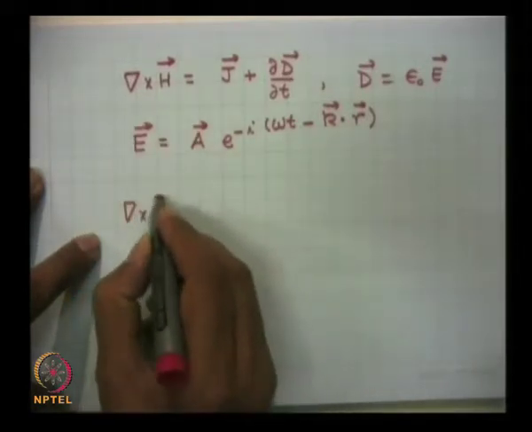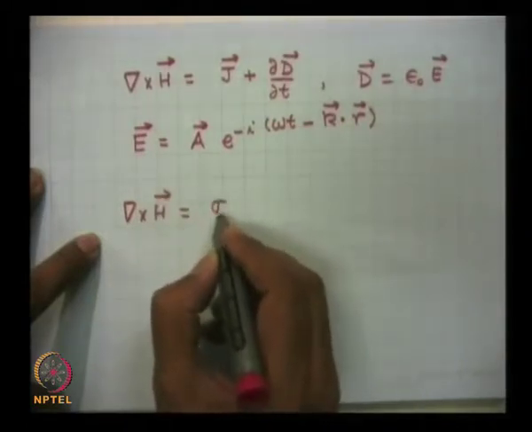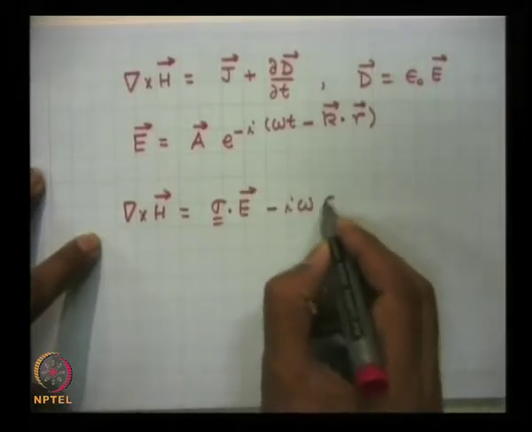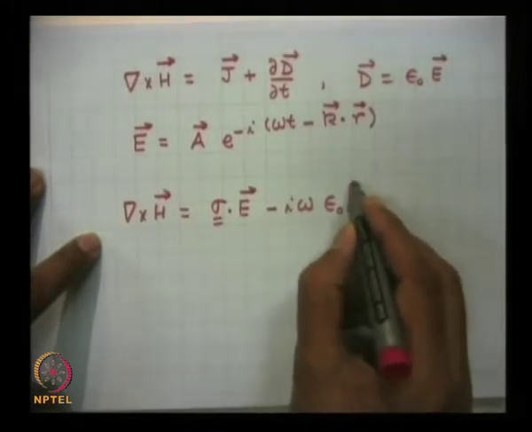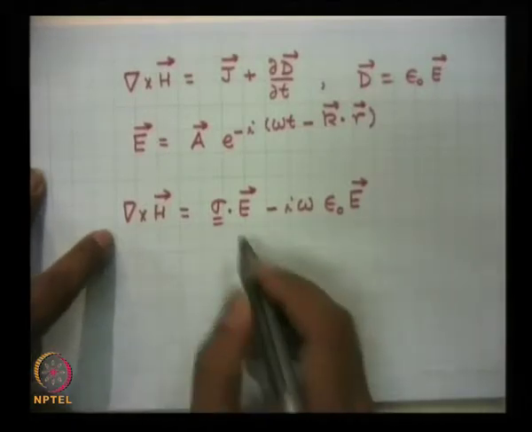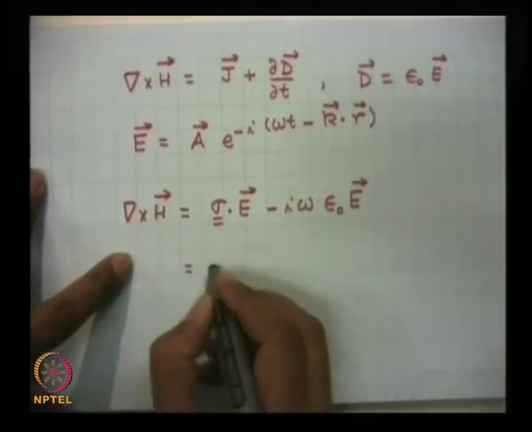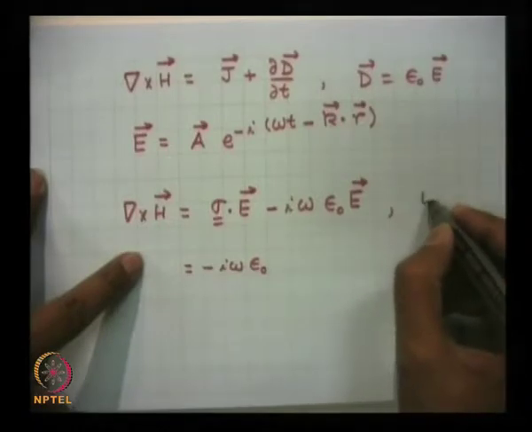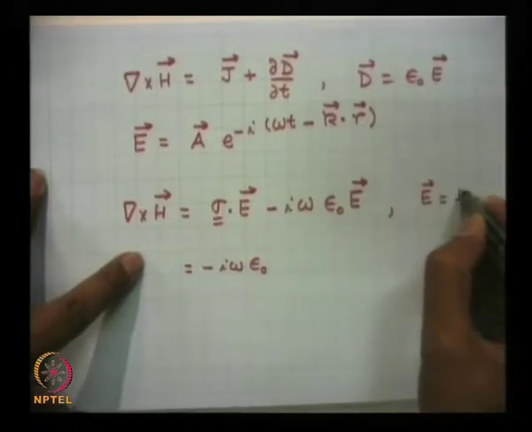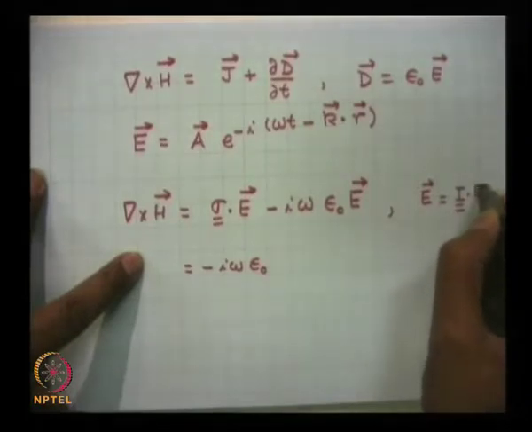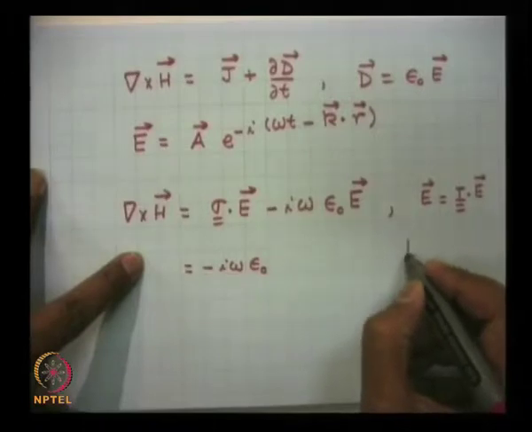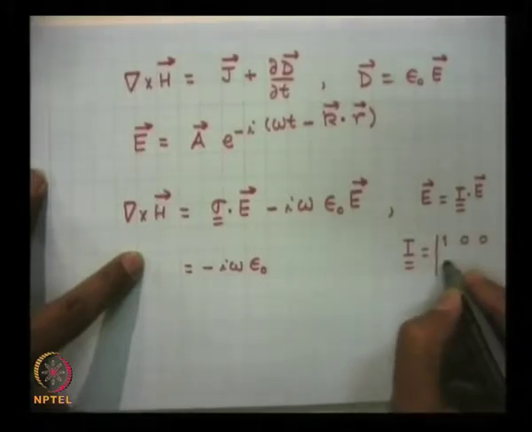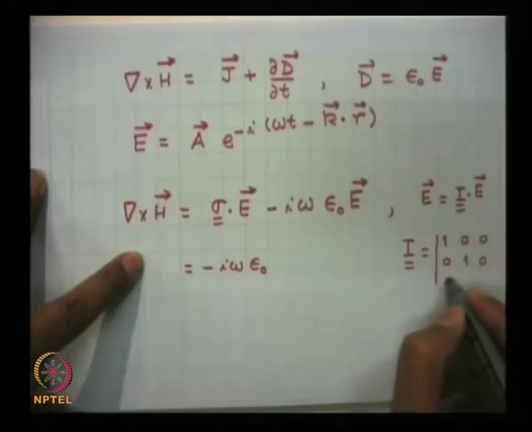So, curl of H becomes conductivity tensor dot E minus i omega epsilon 0 into E. You can combine these terms by taking minus i omega epsilon 0 common and recognizing that E can also be written as a unit matrix dot E, where this unit matrix has 1 0 0, 0 1 0, and 0 0 1.